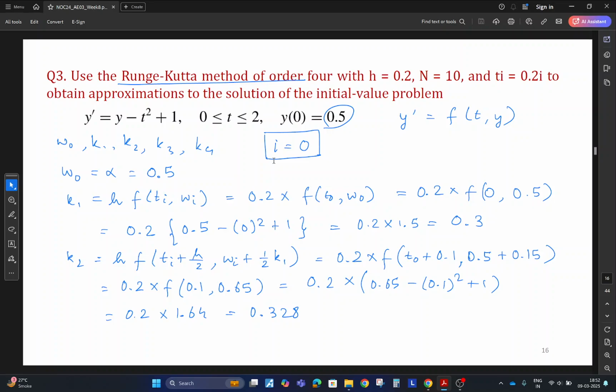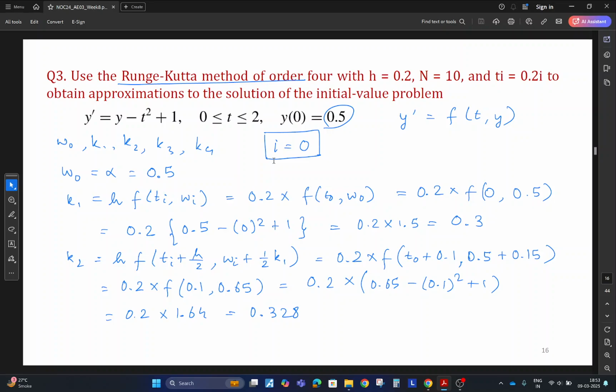Now we'll use this RK4 method with the prescribed step size of 0.2 and the prescribed number of subintervals 10, and the time step ti equals 0.2 i, to obtain an approximation to the solution of the initial value problem y prime equals y minus t square plus 1, where 0 is less than or equal to t is less than or equal to 2, and the initial value of y at t equal to 0 is given as 0.5.